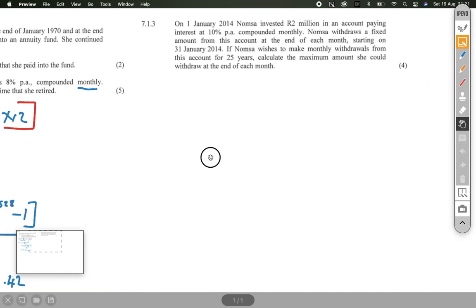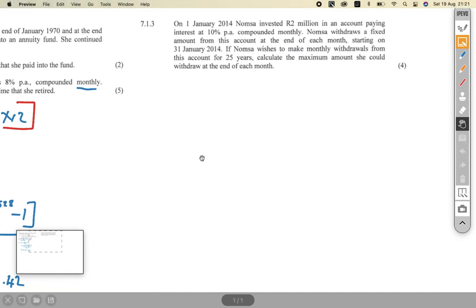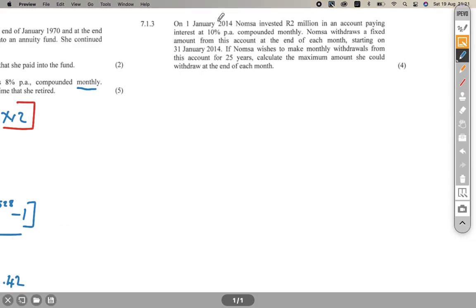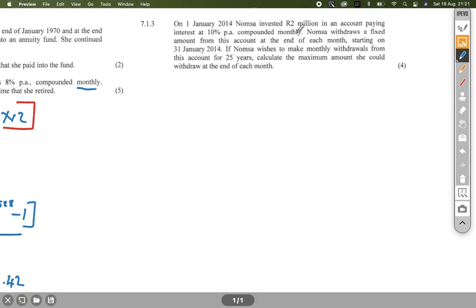Okay, and then 7.1.3. On 1 January 2014, Nomsa invested 2 million into an account paying an interest rate of 10% per annum compounded monthly. Nomsa withdraws a fixed amount from this account. So withdrawals, present value.